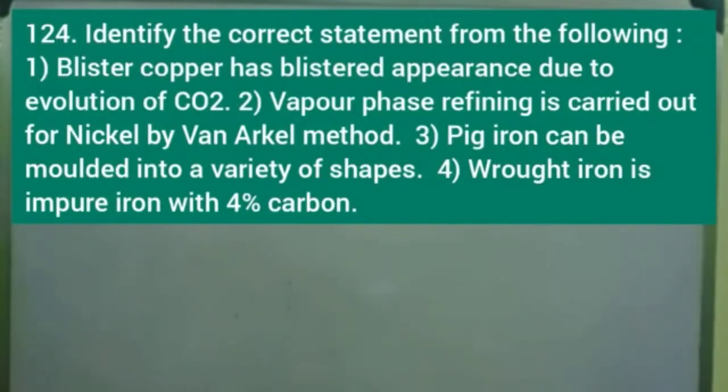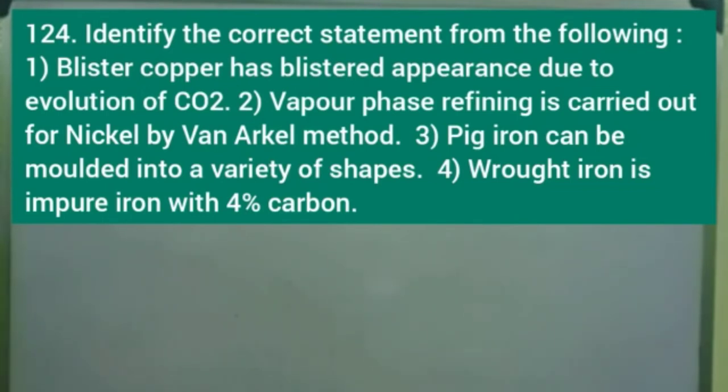Question number 124. Identify the correct statement from the following. Option 1. Blister copper has blistered appearance due to evolution of carbon dioxide. Option 2. Vapor phase refining is carried out for nickel by Van Arkel method. Option 3.